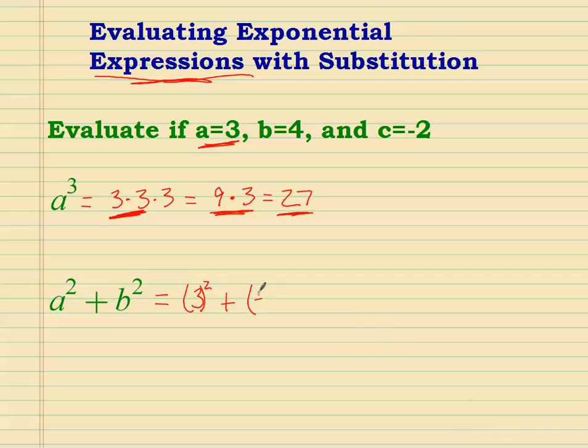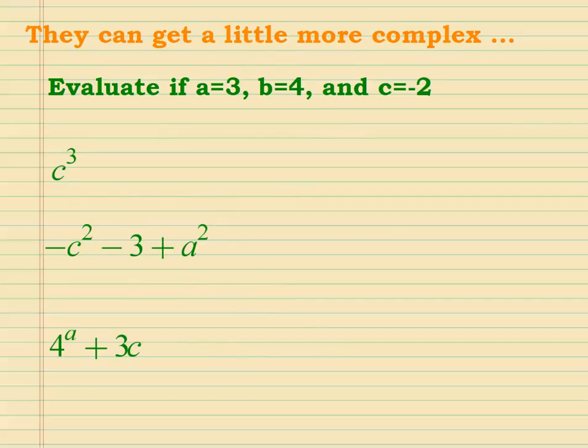So b is a positive 4 squared. And I'm going to do this first. I'm going to do the 9, and I'm going to add 16 to it. And there I'm going to get 25. So pretty much you should be pretty good with this stuff as well. If not, you can go back and rewatch that.